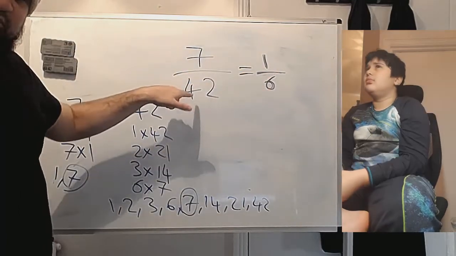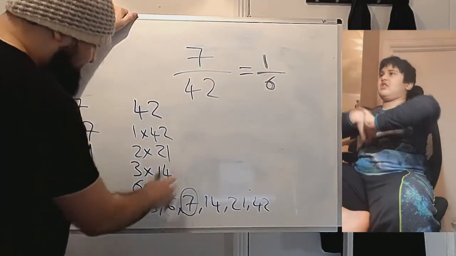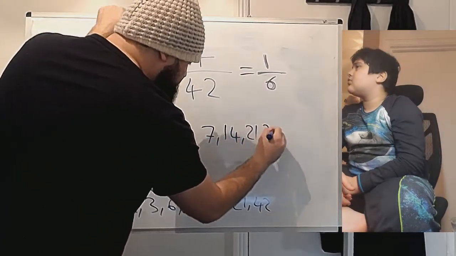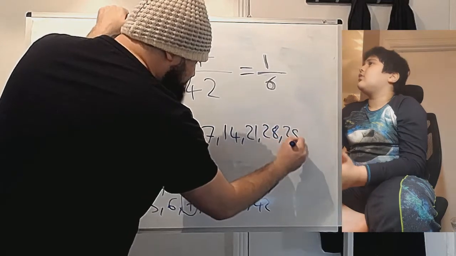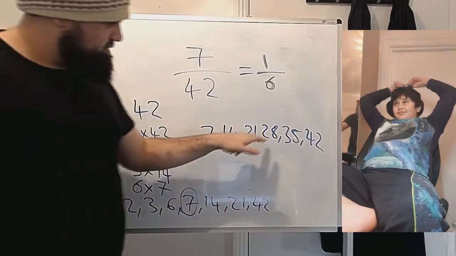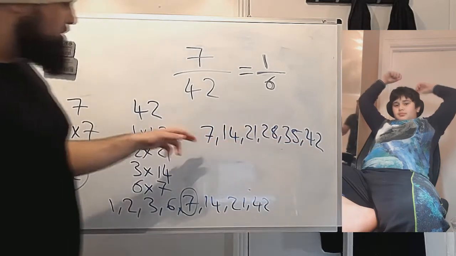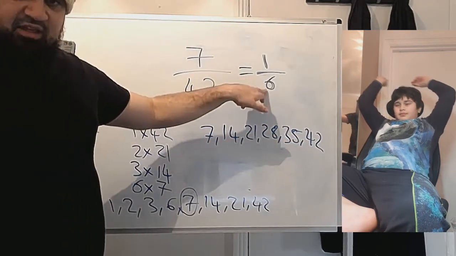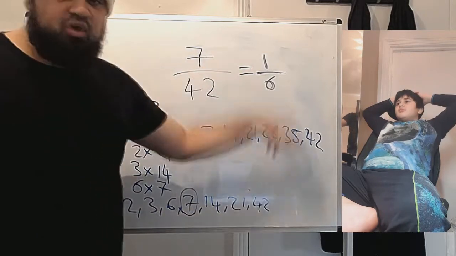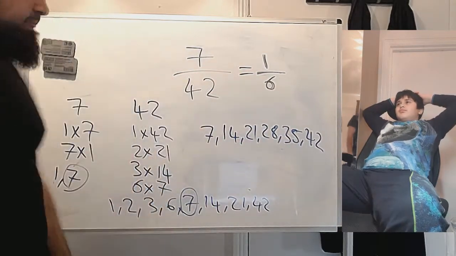How many 7s go into 42? Let's check: 7, 14, 21, 28, 35, 42. That's 6. So then you got 6 underneath here. So 7 over 42 is equivalent to 1 over 6.